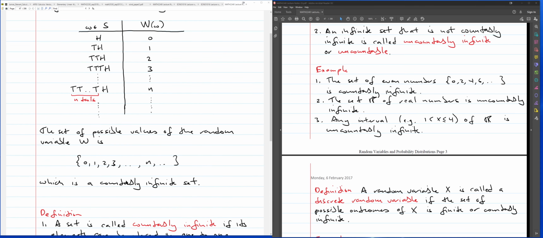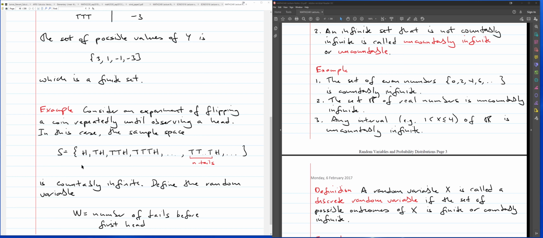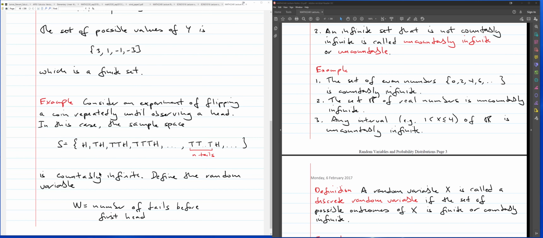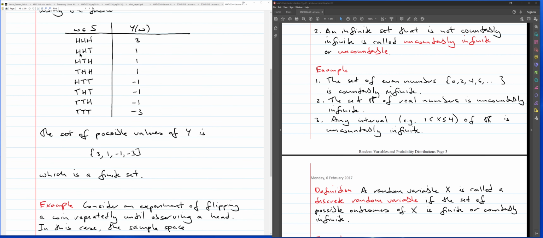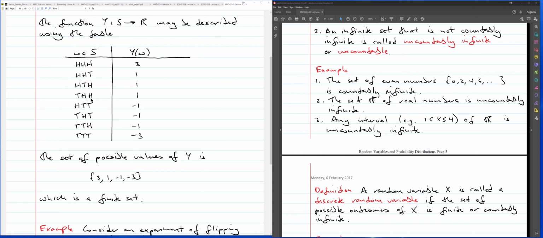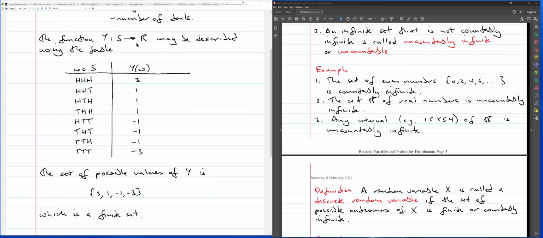For example, for this experiment where you flip the coin 3 times, the set of possible outcomes for the random variable would be 3, 1, -1, and 3. This is a finite set. So this is an example of a discrete random variable.